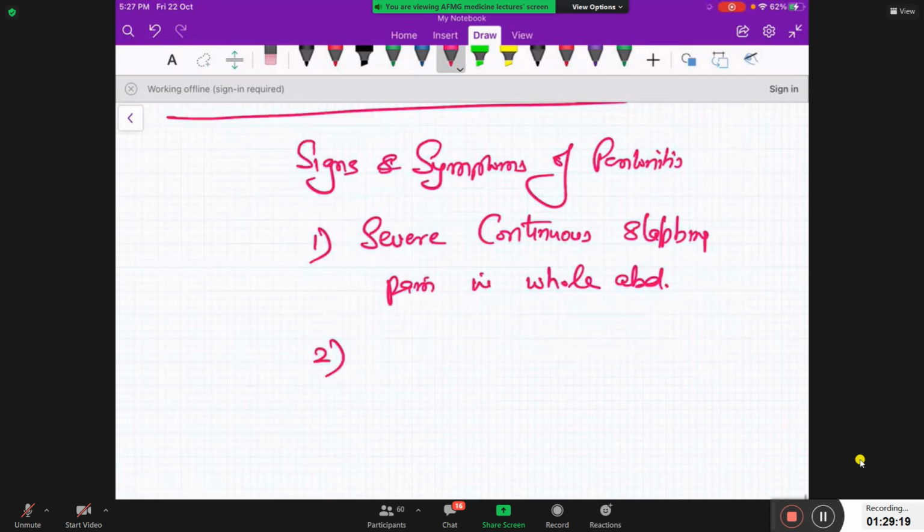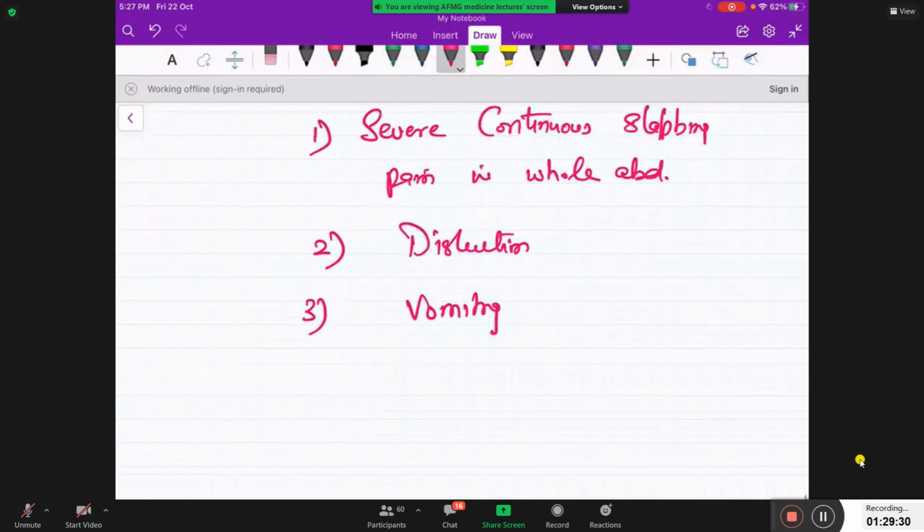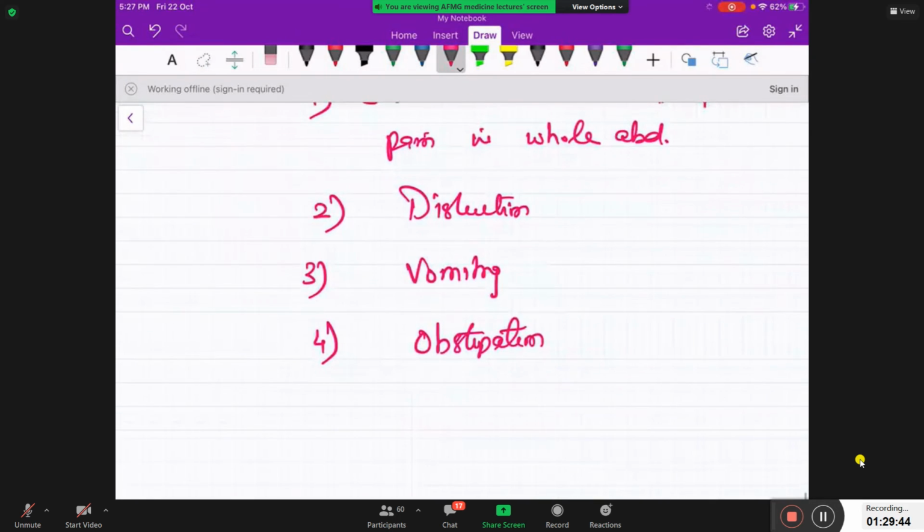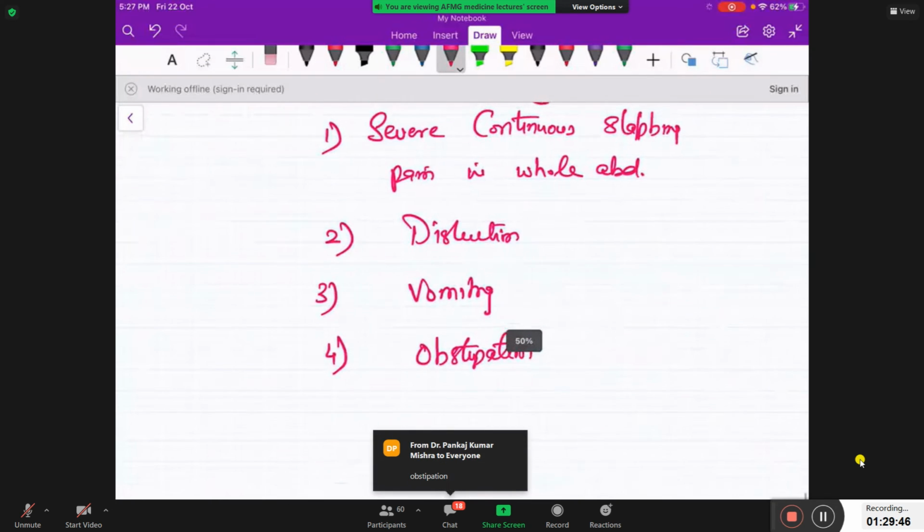What else? Distension. What else? Vomiting. What else? Obstipation. भूल गए? कल ही पढ़ा है, कल ही नहीं पढ़ा था?